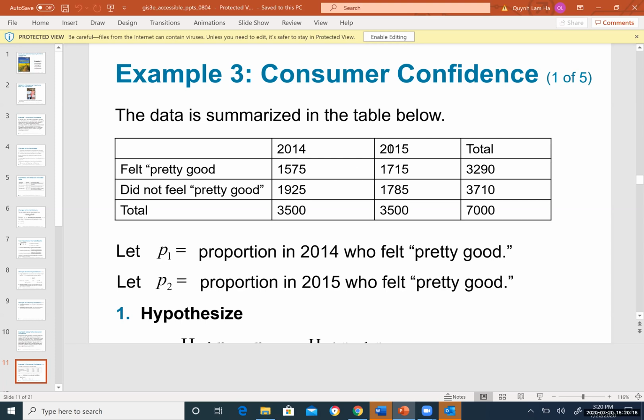Similarly for 2015, they gave us the number of successes as 1715. So we can imply, by taking 3,500 minus 1715, 1785. So let's see the total. The total of the two groups will be 7,000.